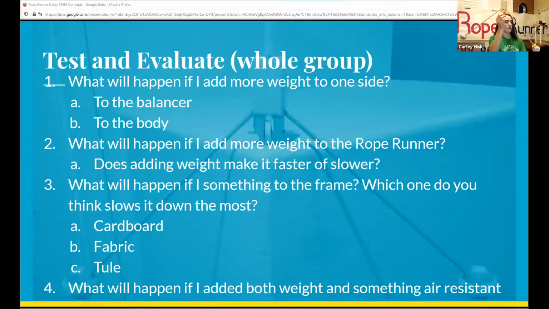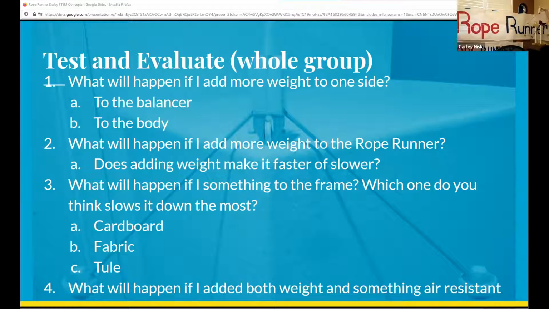Okay. So what if I just added more weight to the rope runner in general? Do you think that'll make it faster or slower? I think that would make it slower. Make it slower? Okay. I have a larger weight. First, we'll see the speed of the rope runner without any extra weight on it. Like this.